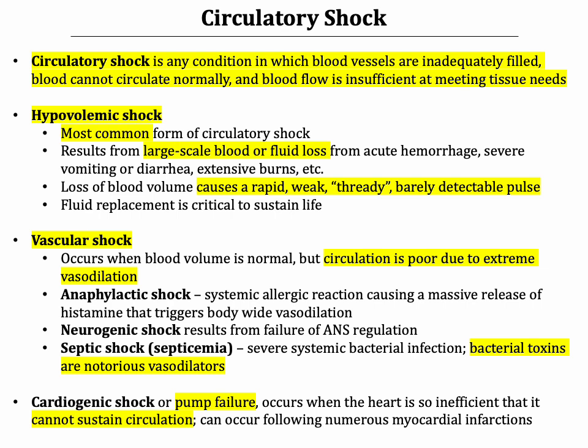Could be neurogenic, failure of the autonomic nervous system to maintain that vasomotor tone of the vessels. Could be septic shock, a severe bacterial infection that's spread to the bloodstream. Typically, the type of bacteria that causes septicemia or septic shock are notorious vasodilators. So they release toxins that cause that dilation.